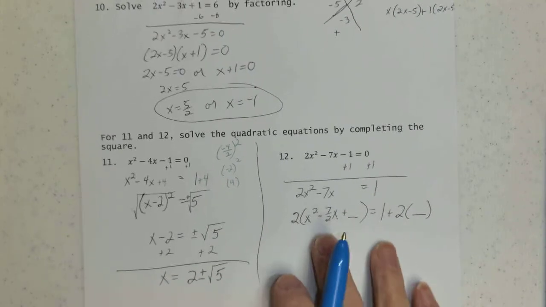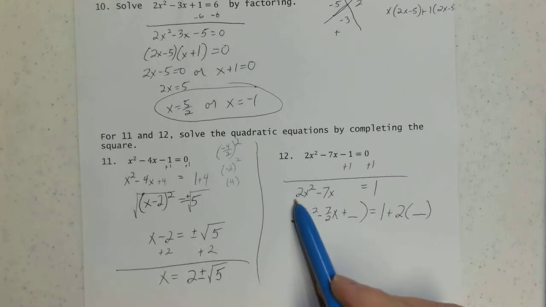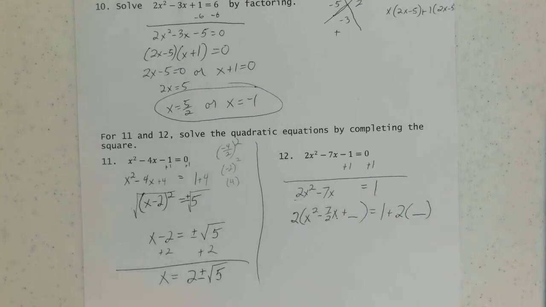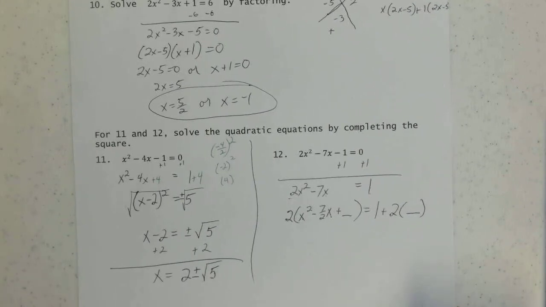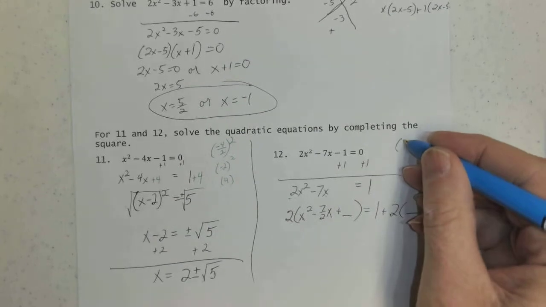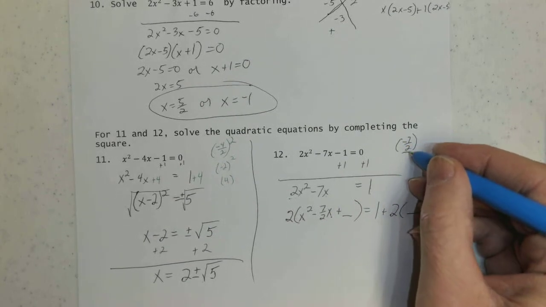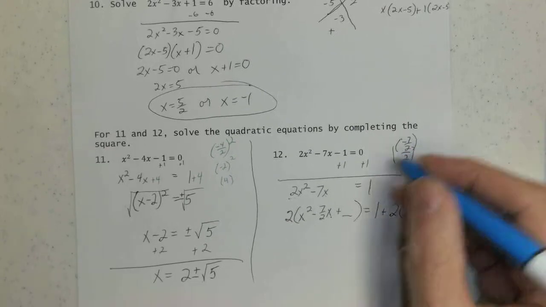I did see some different ones where a lot of you were dividing by 2 and then doing it, and I thought that was a good idea. In fact, I might even show that way just as an alternative, just so you have exposure to both. I got negative 7 halves, oops, and I got to divide that by 2.